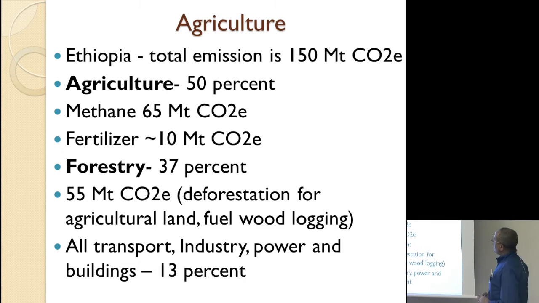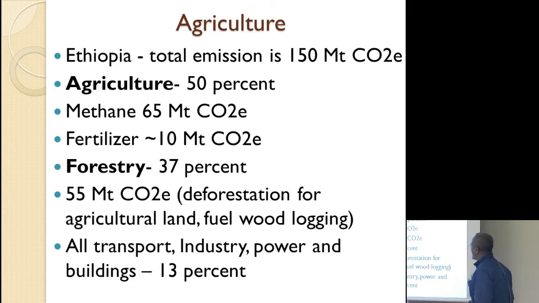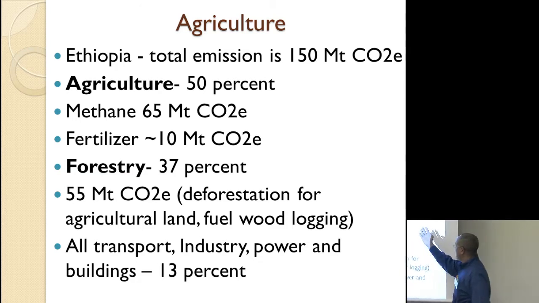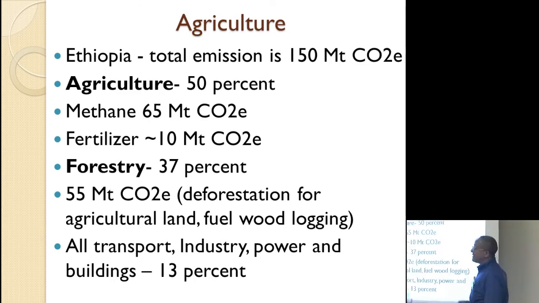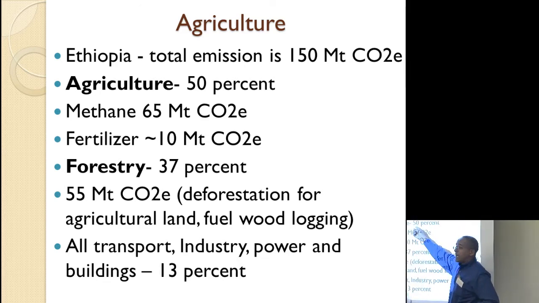Then, when we come to emissions, Ethiopia's contribution to world greenhouse gas emission is very insignificant. It's 150 million tons. The majority, 50%, is accounted for by agriculture.